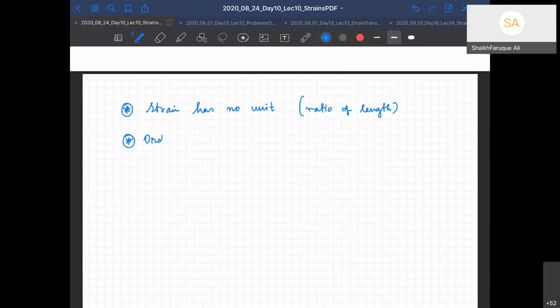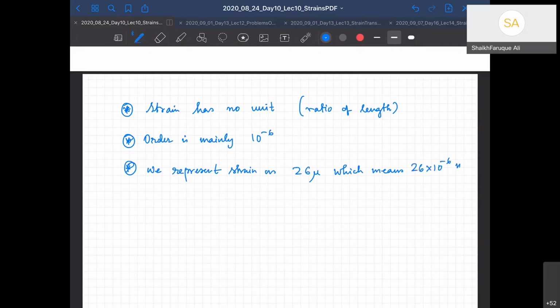Order of strain is mainly 10 to the power of minus 6. So sometimes we represent strain as, let's say, 26 micron, which means 26 into 10 to the power of minus 6 meter by meter.